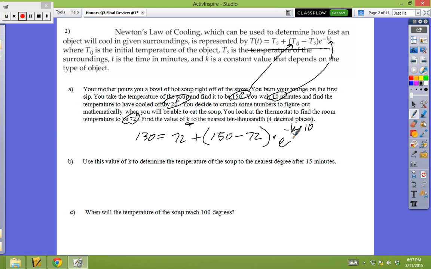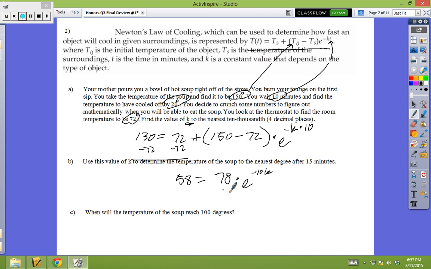So let's figure out what K is, but now we've got to undo everything. Let's undo this 72 out here. Let's minus 72, minus 72. So we've got 58 is equal to 150 minus 72, which is 78, multiplied by e to the negative 10K.